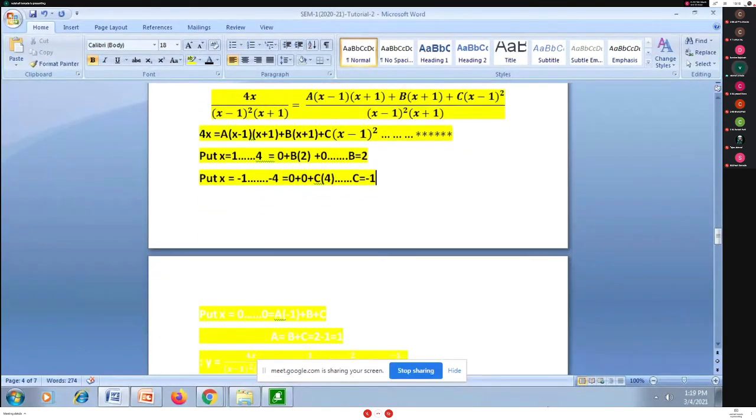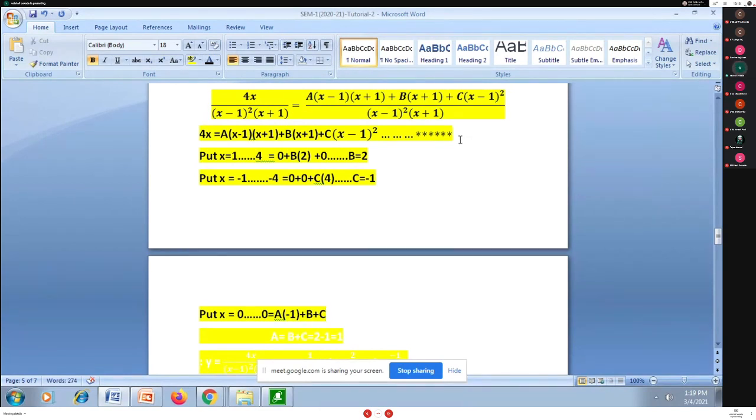Whenever only after equating linear factors I'm still not getting the values of the unknowns, you can do one thing: substitute x is equal to 0 in the star step.